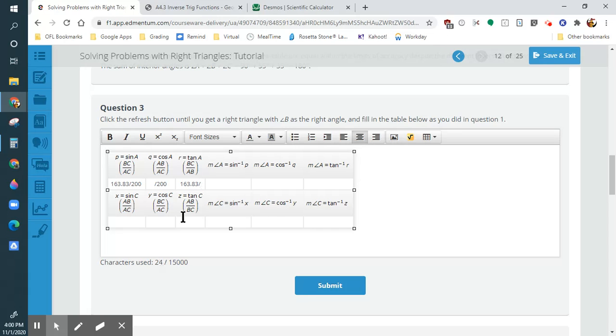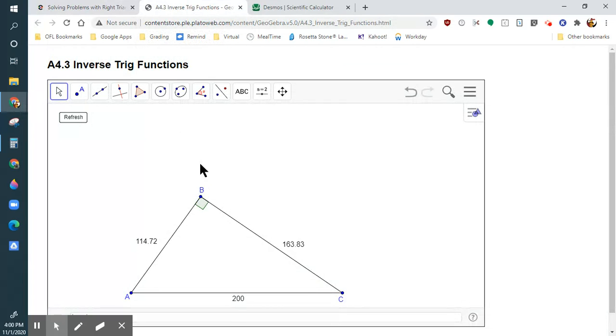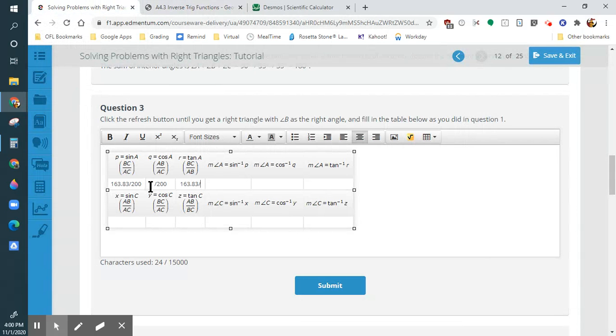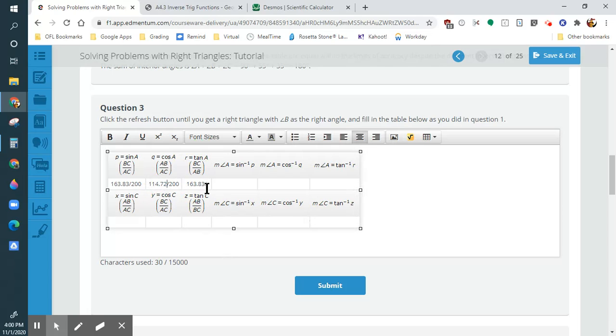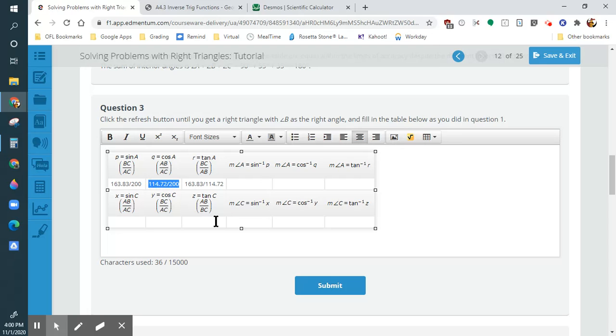And I know opposite. So I know this is 163.83 divided by, I need to find the adjacent now. So the adjacent of what angle? Adjacent of A. So that's 14.72. These are going to be opposites of each other. This is at least easier to copy.